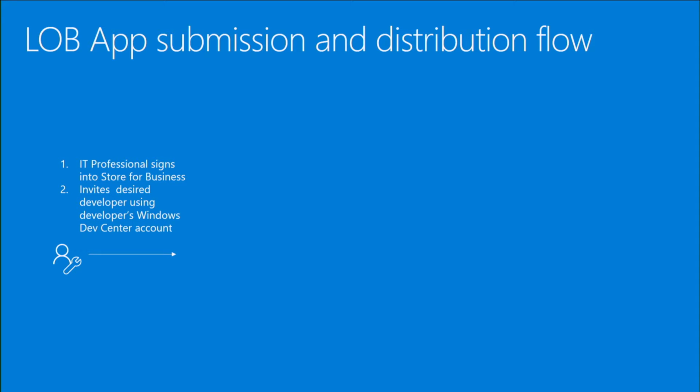Yeah, so just to go through what you saw there, in terms of enabling a line of business developer, so if someone from inside your organization or a partner that you work with is to submit applications, first off, of course, the admin in your organization of the Windows Store for Business has to say, yes, I approve that person or that account to submit to my part of the Windows Store for Business.